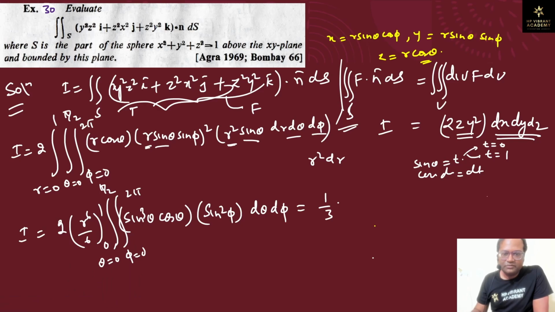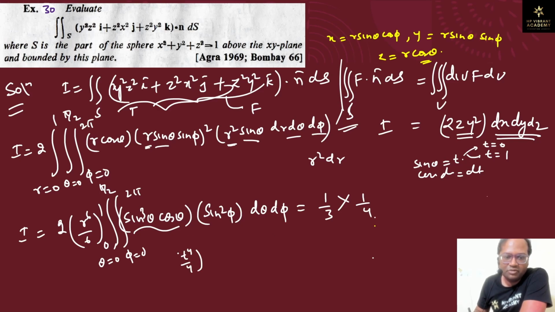So the value of this is 1 upon 3, because r to the power 6 upon 6 with limit 0 to 1 gives 1 upon 6, and 2 times that is 1 upon 3. And the value of the integral of sin cube theta cos theta d theta from 0 to pi by 2 is 1 upon 4, because we have calculated t to the power 4 upon 4, limit 0 to 1.